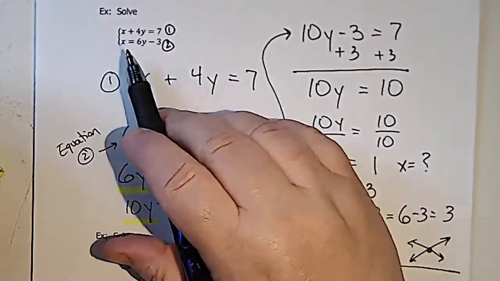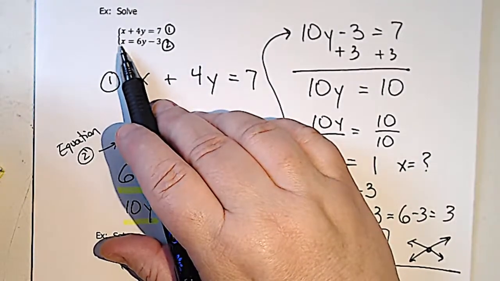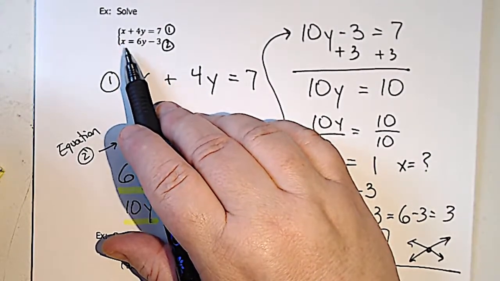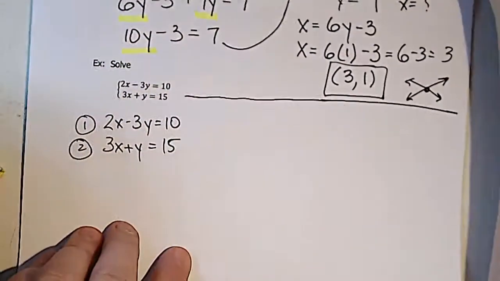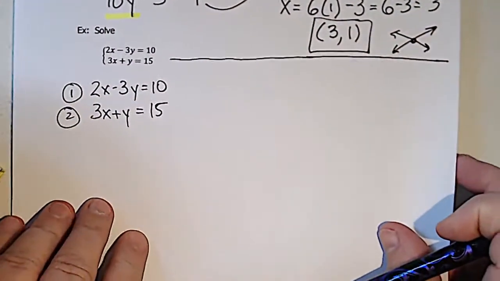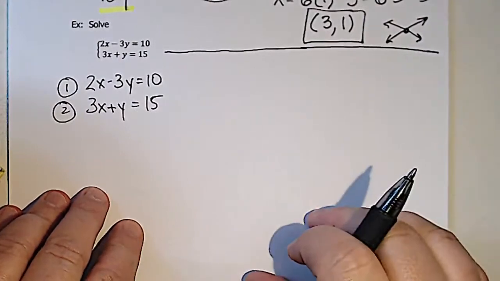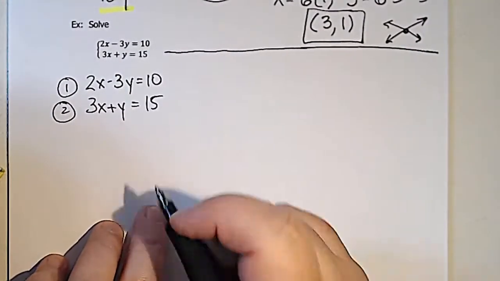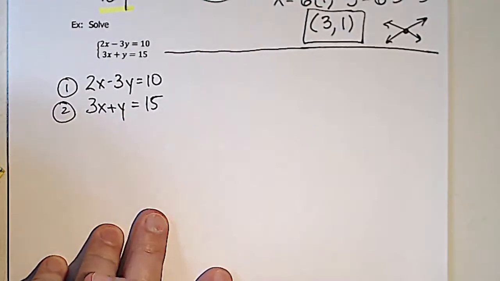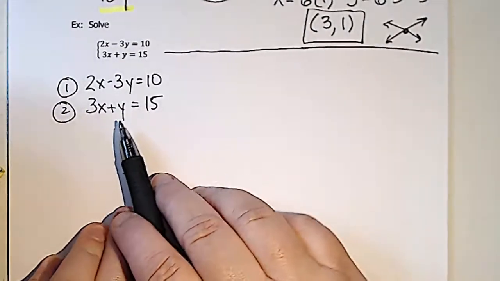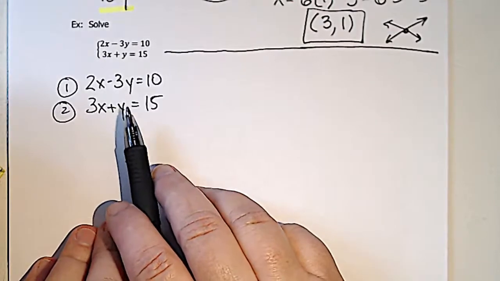In the first problem, I had one of the equations actually solved for one of the variables. It said x equals. So what we're going to do is look at these two equations. And if I look through, I see that neither one is x equals or y equals. But equation number 2 has just a y in it. And I think I could solve for that.